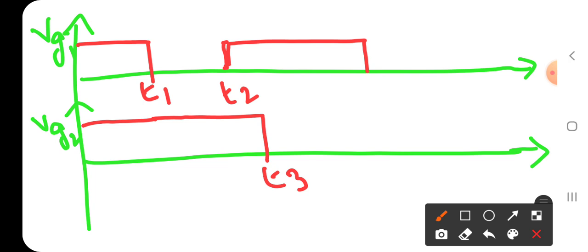After some duration, again I turn on chopper 1, and the same thing is repeated again.